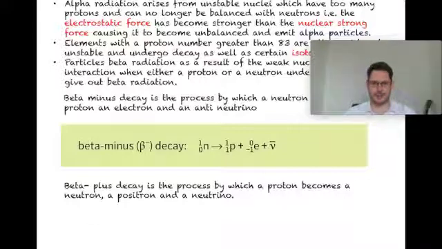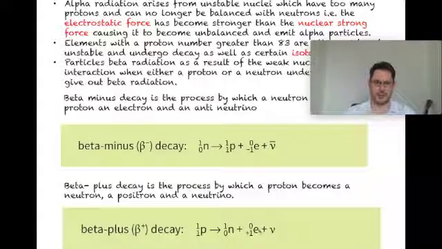I'm just going to move myself up a bit and continue. Beta positive decay is the process by which a proton becomes a neutron, in which case a positron and a neutrino are emitted. So in this case, proton is becoming a neutron, in which case a proton is giving up its positive charge in order to become that neutron.